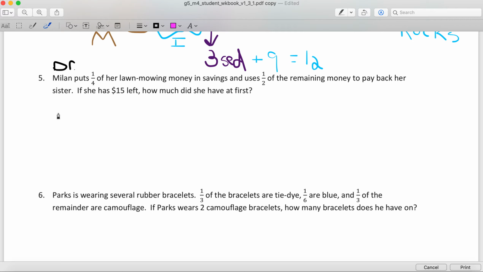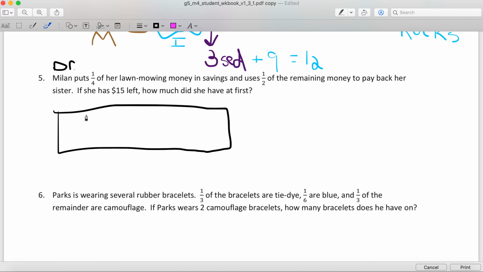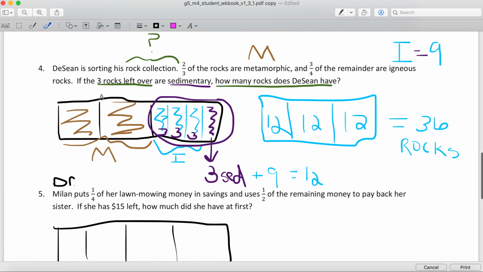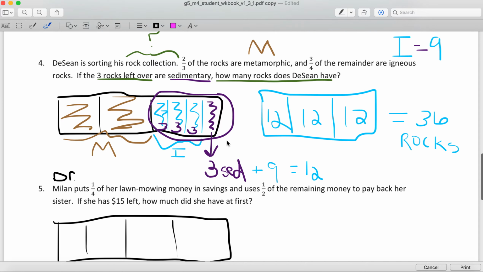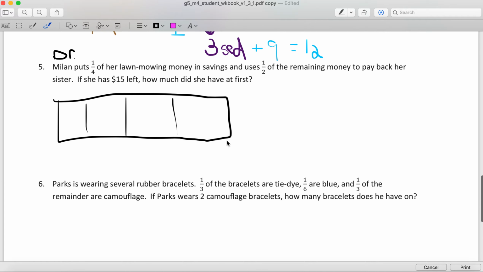All right, so I'm going to draw a tape diagram. And I put 1/4 of it in savings. I don't know how much I started with. All I know is how much I have left. So I'm going to do the same thing that I did on this problem because I have to work backwards. 1/4 of the lawn money is in savings.